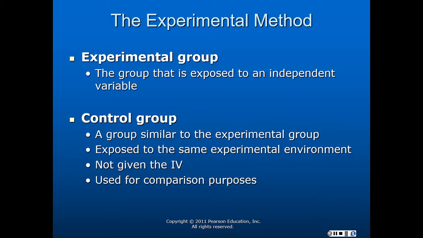You also have a control group. A control group is a group similar to the experimental group. However, they're not given that effective treatment, the treatment that is mainly being studied by the research team. They're present to provide some form of comparison.